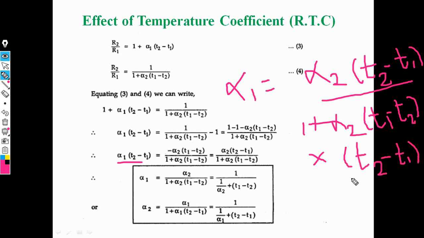Here T2 - T1 gets cancelled, then alpha1 = alpha2 upon (1 + alpha2(T1 - T2)).